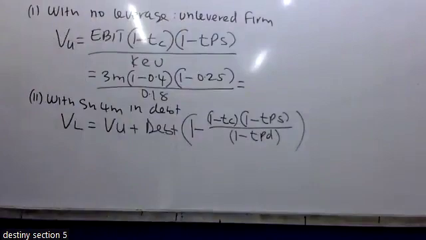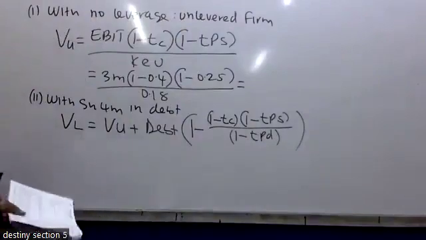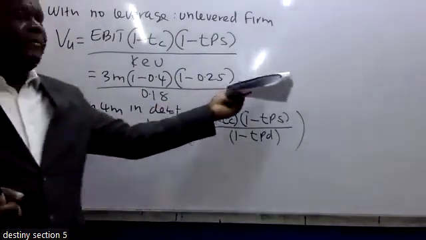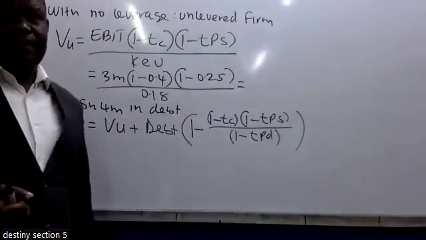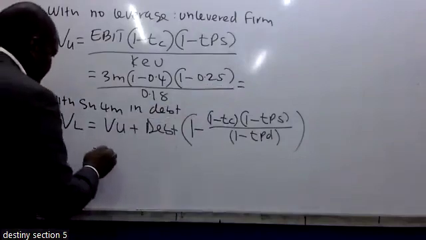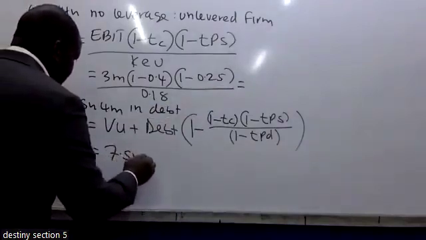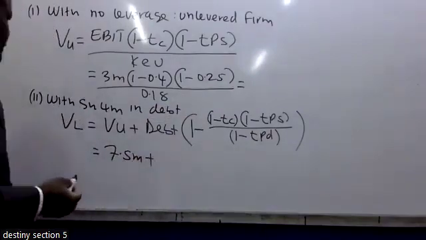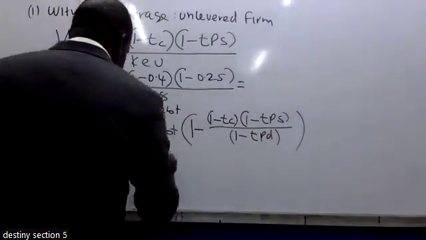So for the value for the unlevered, you need to use your calculator. So now the value of the debt is 4 million.